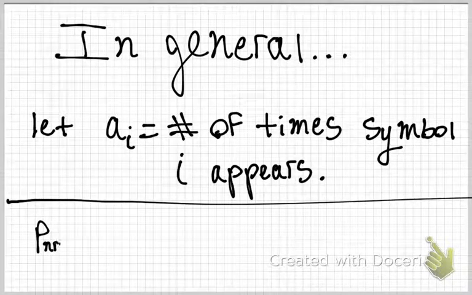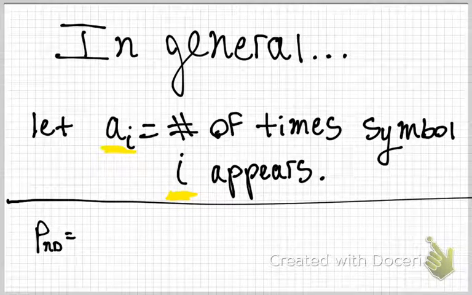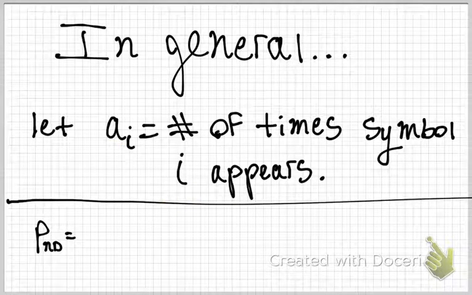If you've got n objects, and symbol i appears A_i times, symbol j appears A_j times, symbol k appears A_k times, let A_i be the number of times symbol i appears in your list of objects to choose from.